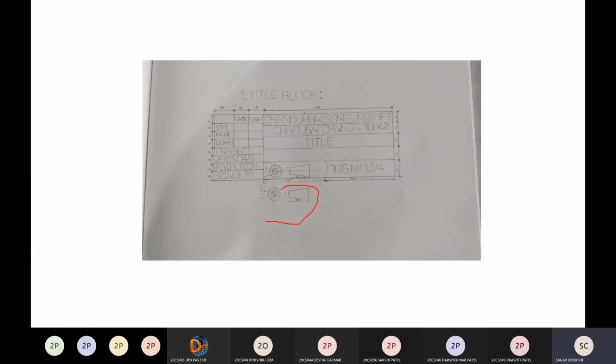Okay, so this symbol is wrong, it must be like this. The position is wrong right now, here this gap and this gap, so we need 5 and this will be 10.